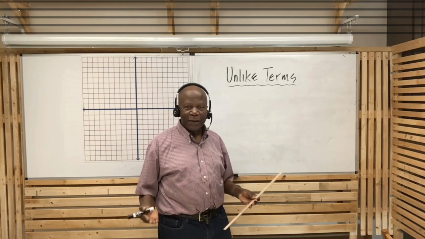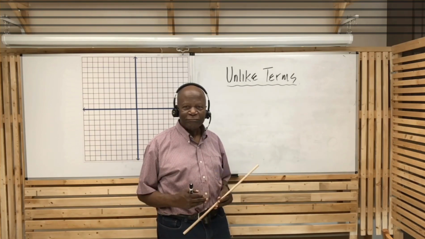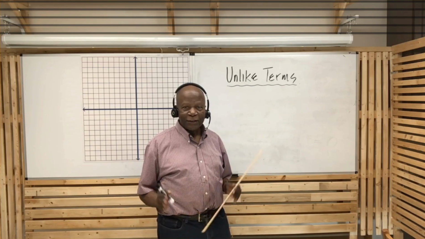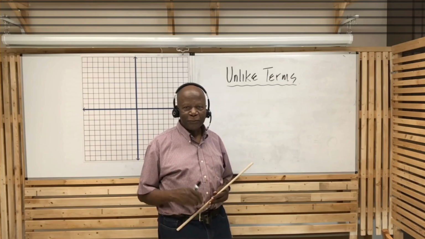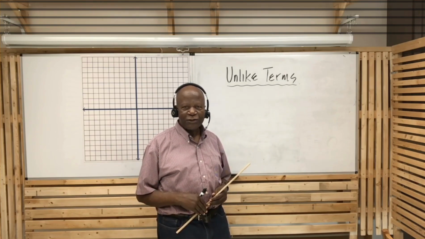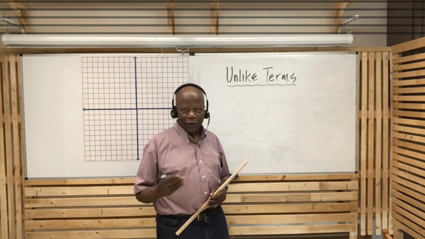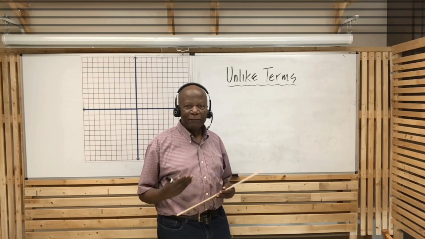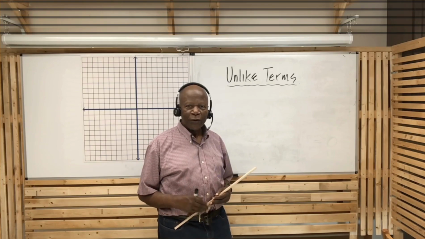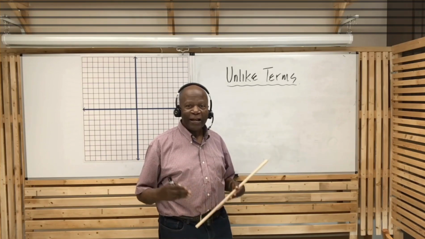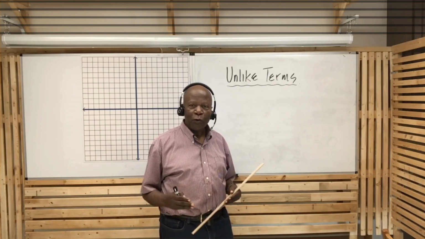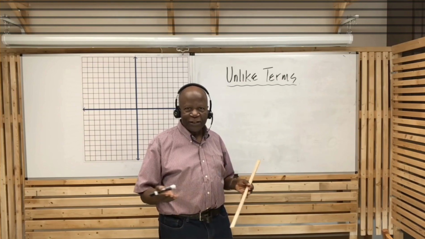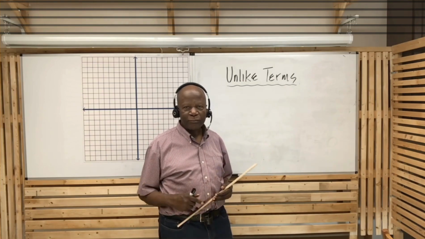In other words, terms that do not have so much in common in such a way that you may not be able to add them to get a single integer value, or a constant number value, or a single term value. They are unlike terms, and they also appear in algebraic expressions, algebraic equations, and so on and so forth.